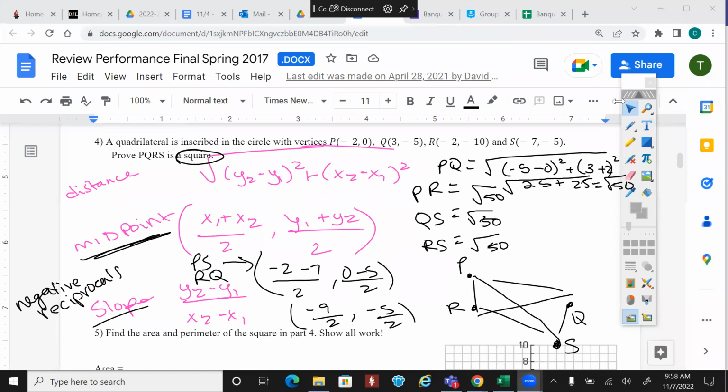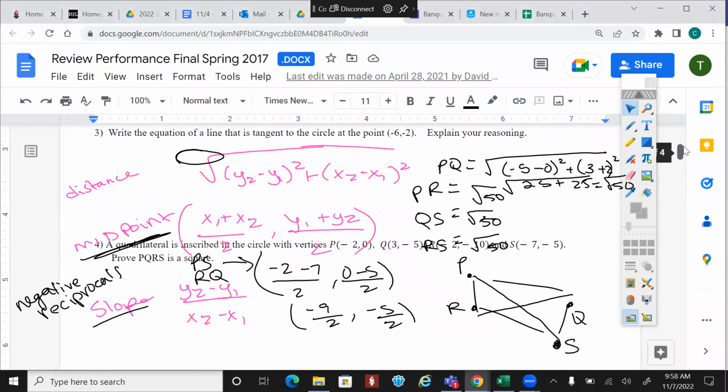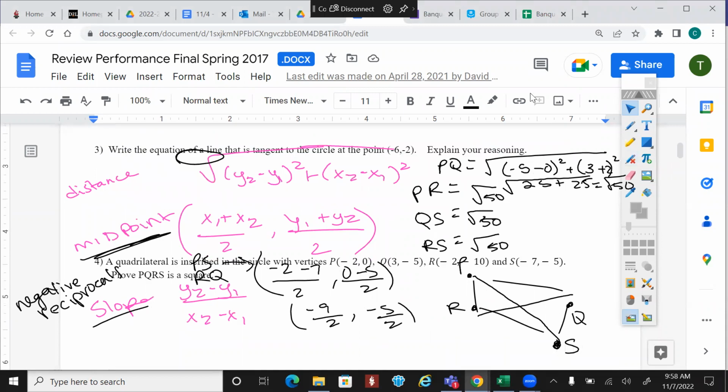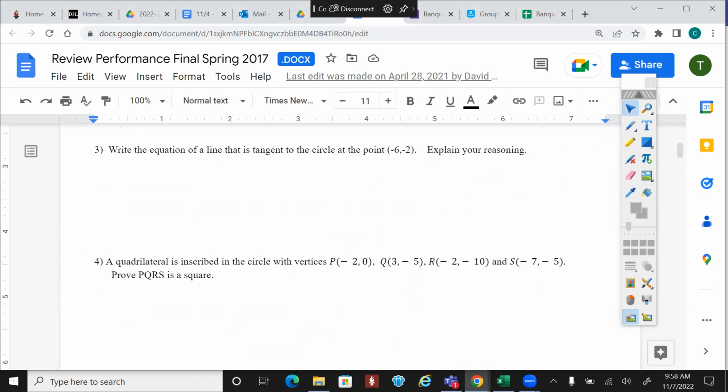I want to jump back up to this number 3 really quick, because we didn't really talk about this one that much when we were going over circles. So I just kind of want to hit it one time. So when I have the equation of a line that's tangent to the circle at point -6, -2.